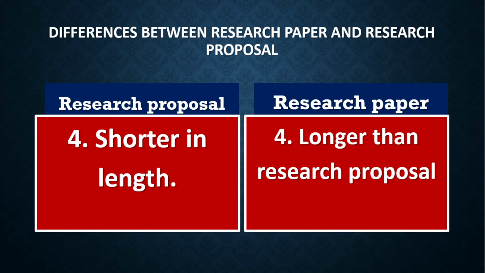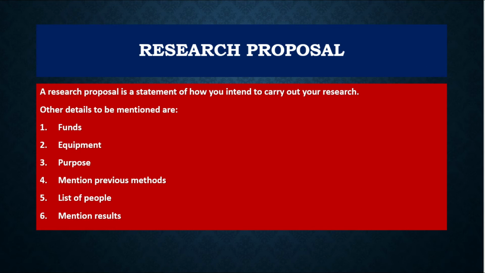The research paper is most often much longer than the research proposal because it states the step-by-step mention of the procedure of implementation of research program. The research proposal is basic framework designed to execute the research program.